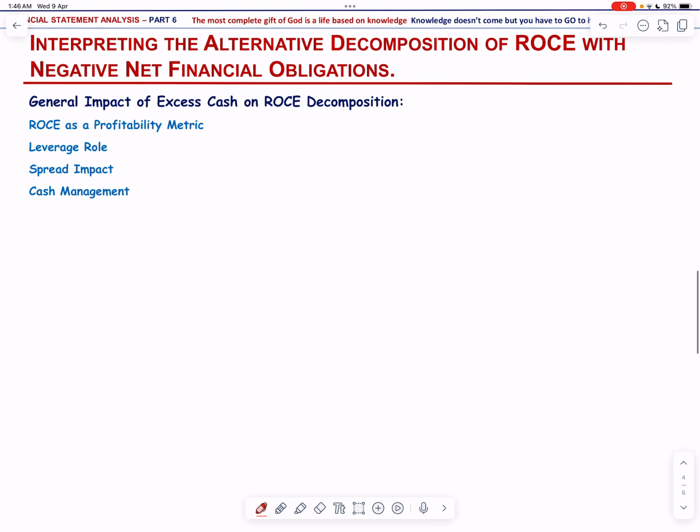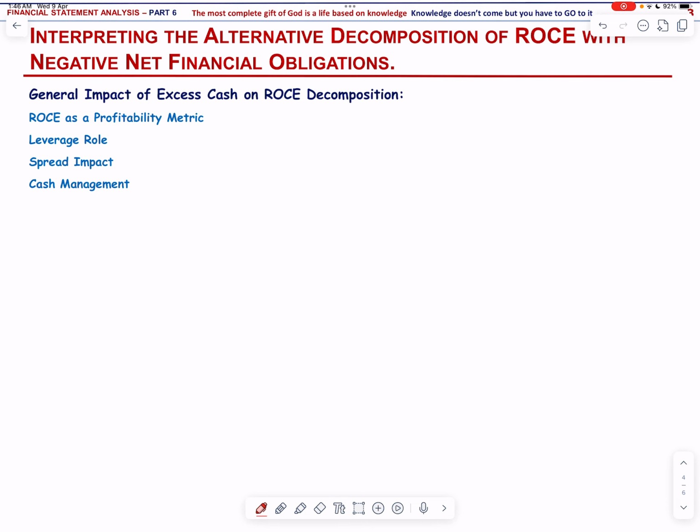So coming to, in the end, the general impact of excess cash on ROCE decomposition. ROCE as a profitability metric. So if a company has excess cash but no debt, the ROCE can still be high if the company's operating efficiency is strong. However, the excess cash can create a drag on ROCE if the return on investment is lower than the cost of capital.